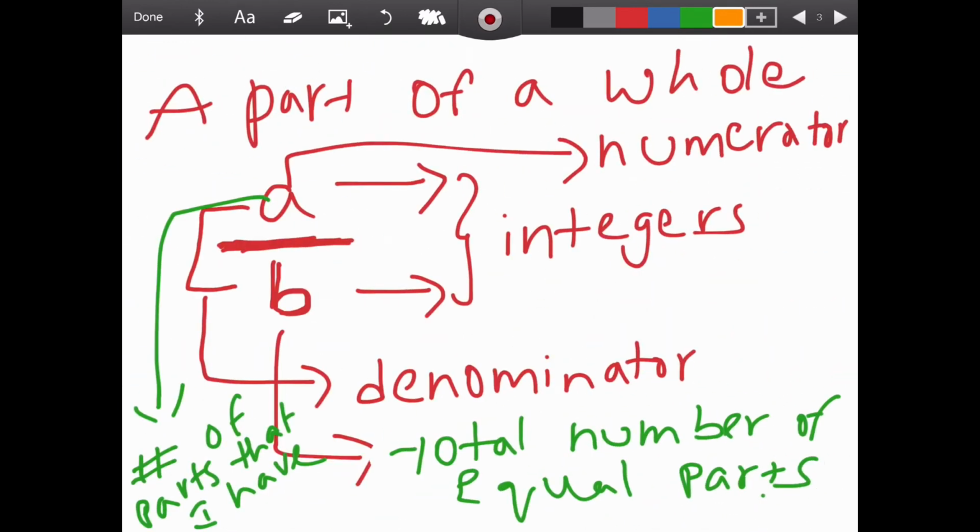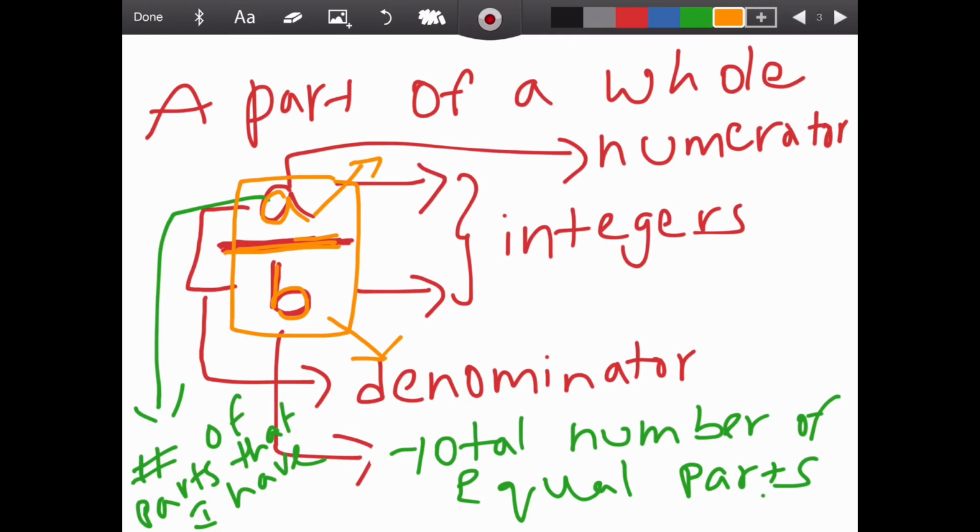Now we are talking about how a fraction is represented. A fraction is represented with a number at the top, which is an integer, and then there is a line which separates the number at the top and the number at the bottom, and this line is called the fraction bar. Now the number at the top is called the numerator and the number at the bottom is called the denominator.